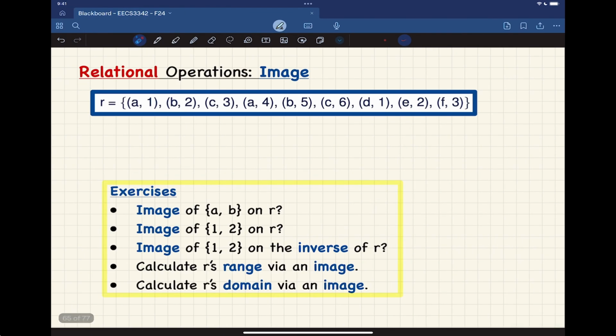Okay. Let's do one example together, and then I do have some checks to help you understand maybe even more. We'll get there. Let's now calculate this one first. Let's say we got this relation over here, okay? And then let's say we got R image over a set.